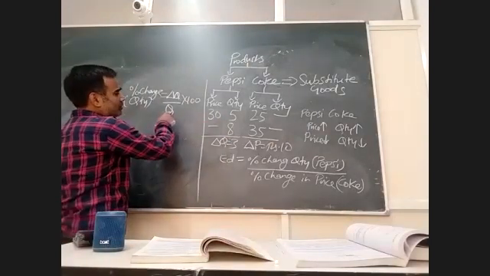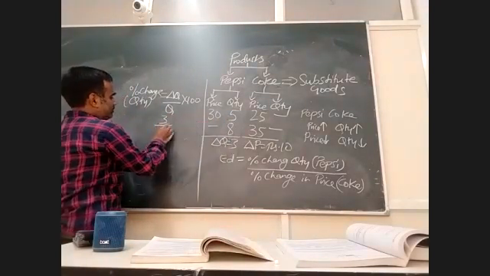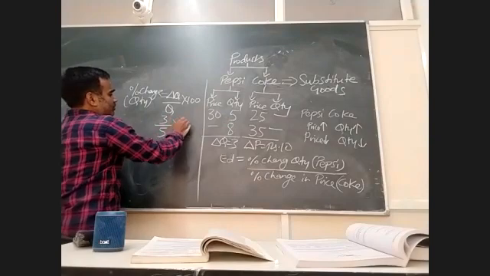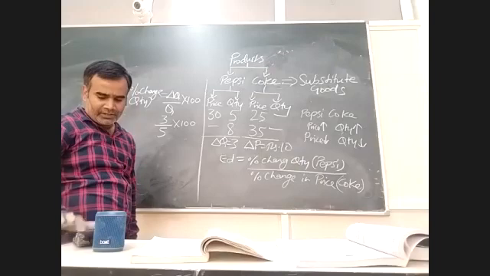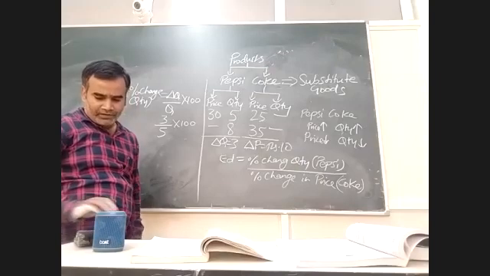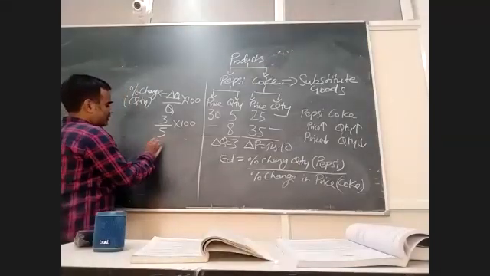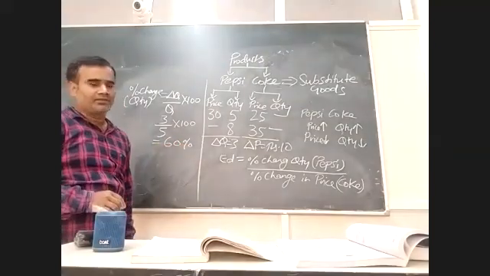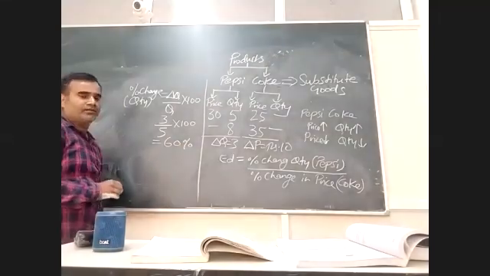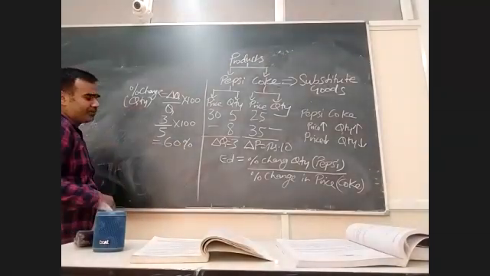Then divided by the original quantity, which is 5, into 100. So 3 by 5 into 100 is 60%.